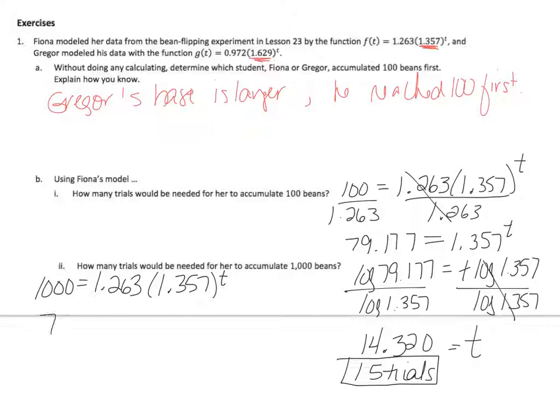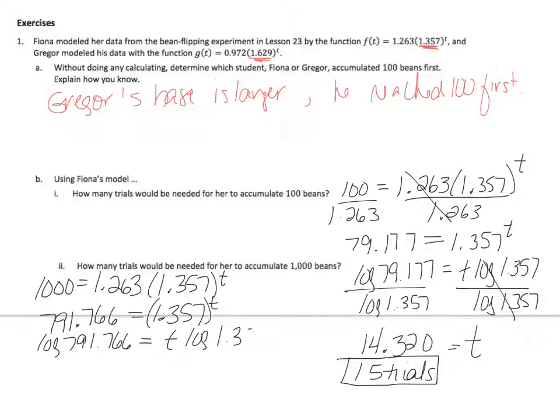And I have 791.766 equals 1.357 to the t. Log of both sides equals t times log of 1.357. Divide both sides by log of 1.357 and I get t.